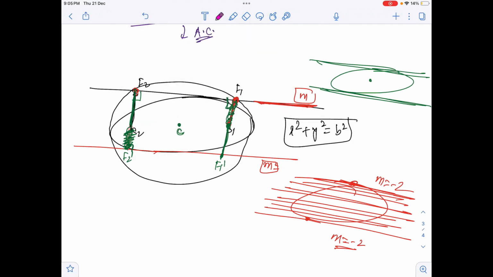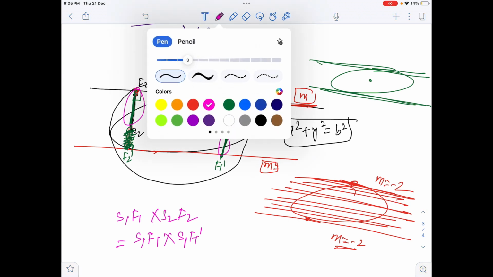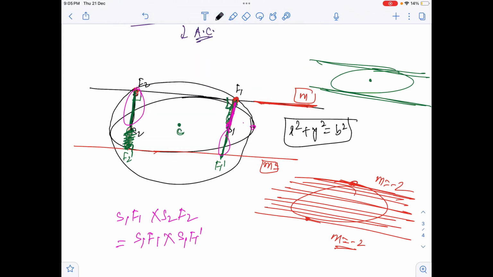And that gives a very remarkable way of solving this problem. Because now if I want S1 F1 into S2 F2, basically what we can do is, it's the same as S1 F1 into, instead of S2 F2, I'll use this length, S1 F1 dash. By using this, what advantage are you having? You are getting a feel of the power of a point theorem, PA into PB equals the tangent length square.